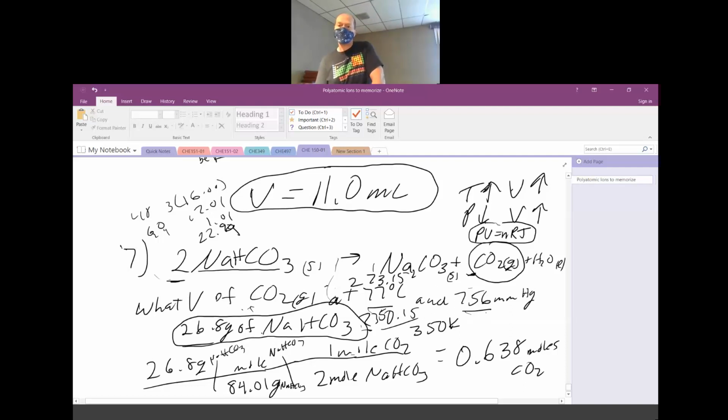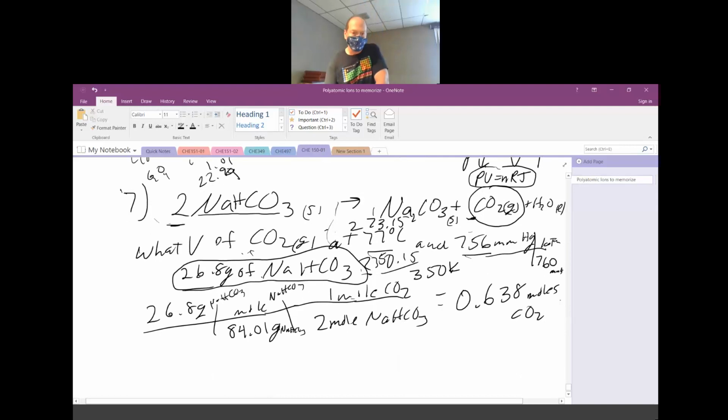Our pressure must be in atmospheres, so we divide by 760 millimeters of mercury is 1 atmosphere. So then we have everything we need to find the volume. We have PV is equal to nRT. We want the volume, so divide both sides by P. The volume is nRT over P.